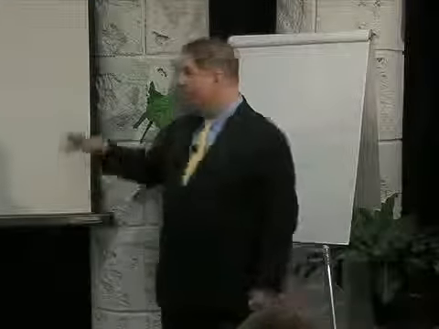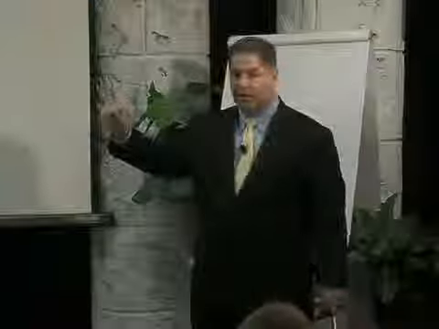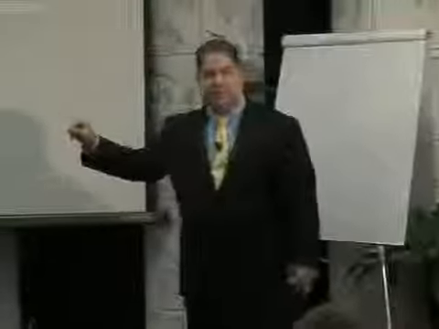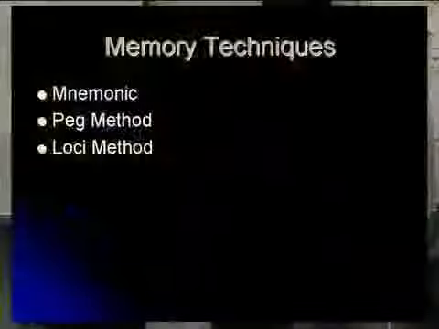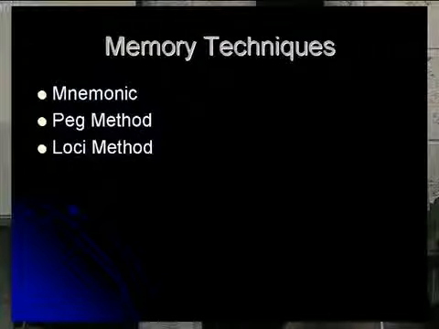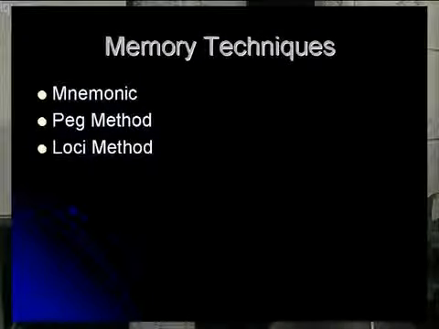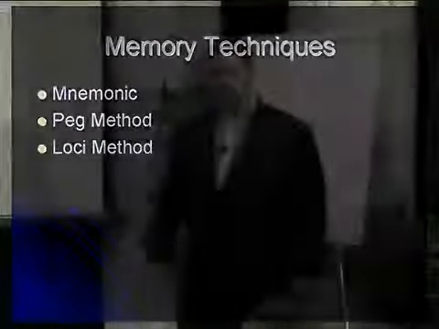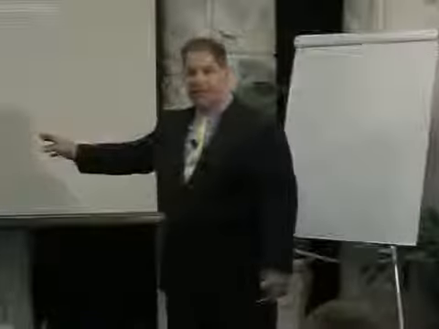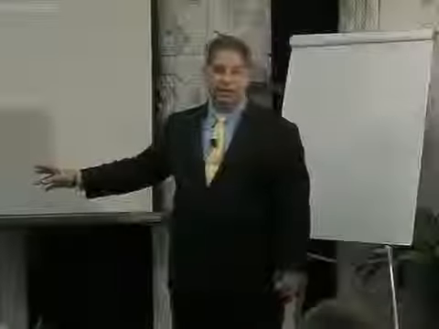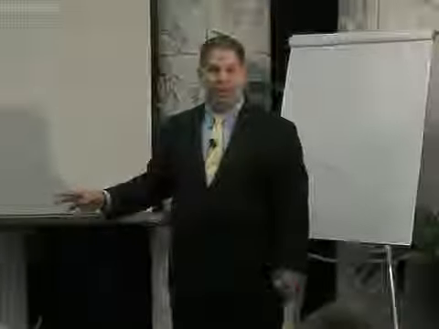So when we talk about memory, we're going to talk about the three major types of memory tools. One is a thing called a mnemonic, another is a peg method, and then the loci method. I will tell you that all of these have been around for thousands of years. How do I know that?